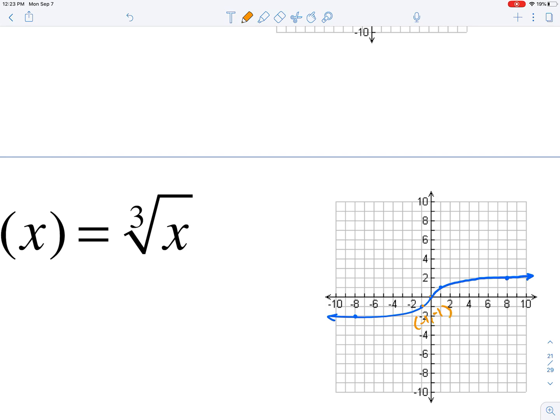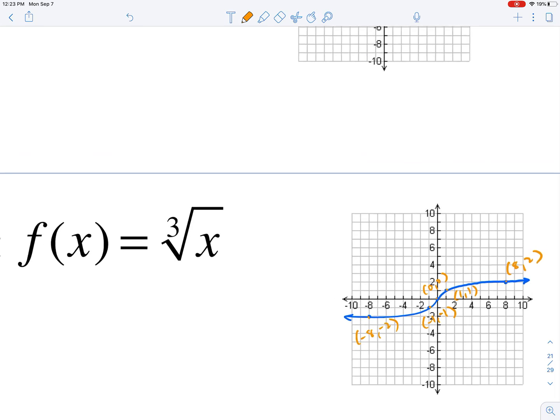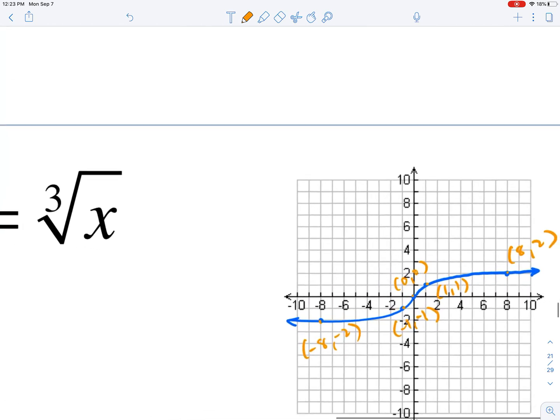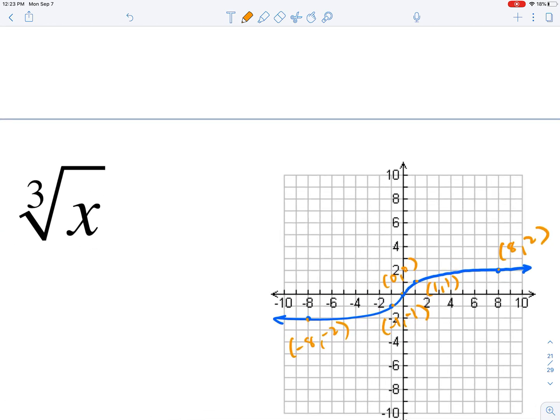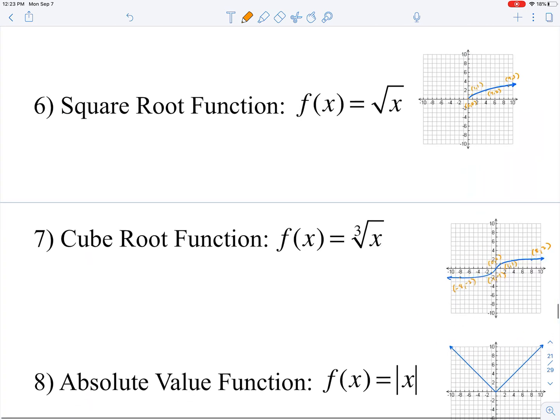So (-1, -1), (0, 0), and (1, 1) are the points we use when thinking about translations and transformations, which we will discuss in section 1.3. And then also (8, 2) and (-8, -2). The sideways chair, you can kind of see it if you think about a lounge chair.